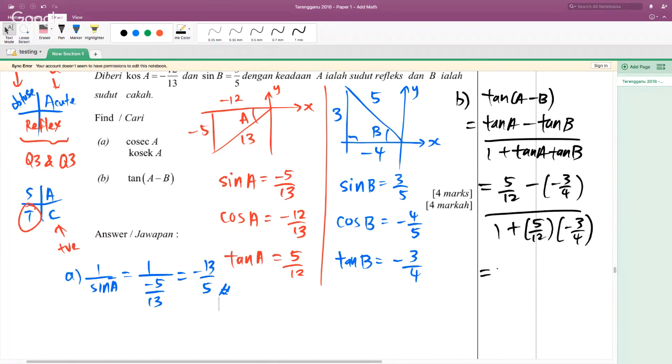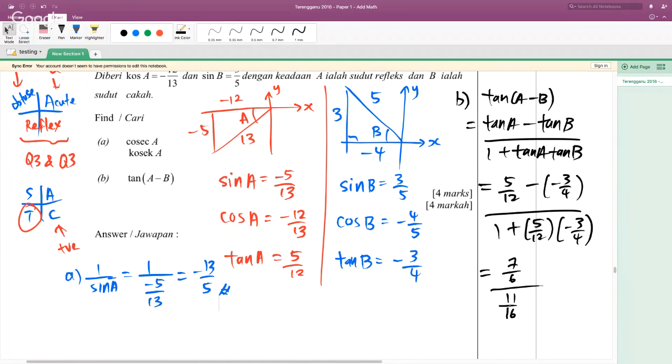5 over 12 plus 3 over 4. So you get 7 over 6 for the top here. And then the bottom will be 1 plus 5 over 12 multiplied by -3 over 4. Okay, so you will get 11 over 16.